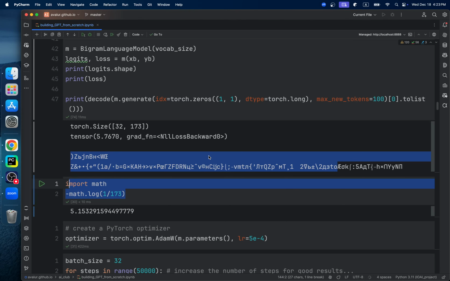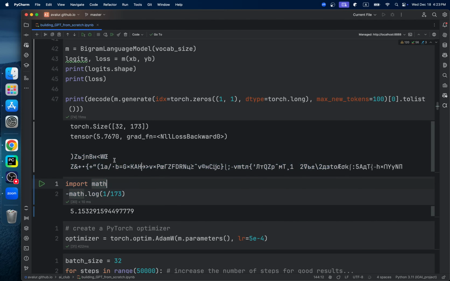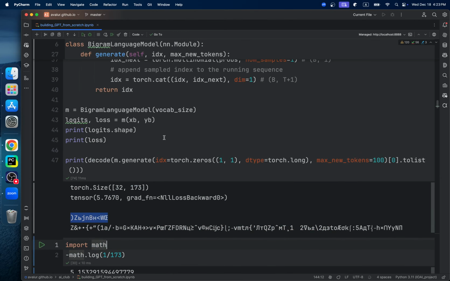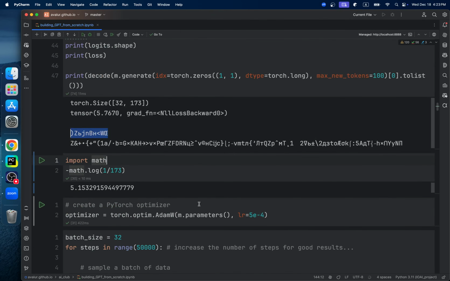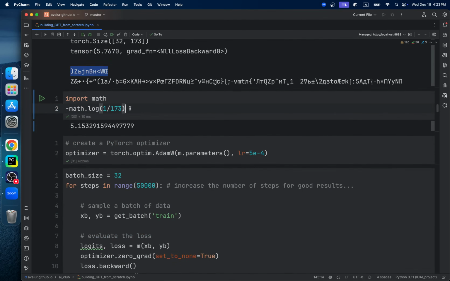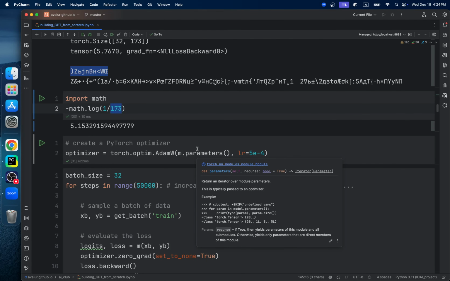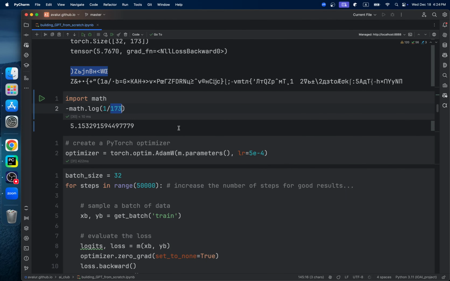So what do we need to improve in our model? Imagine that instead of this bigram model, we have only a uniform distribution. So each time we simply sample one character out of 173, so out of our vocabulary, of all the variants.